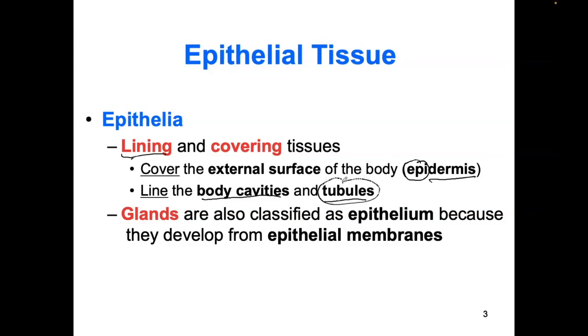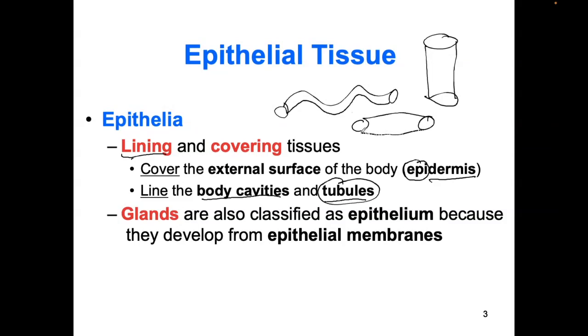What do we mean by tubules? In the word tubule is tube. So anything that's shaped like this, it could be like that, it could be like that, that's a tube.